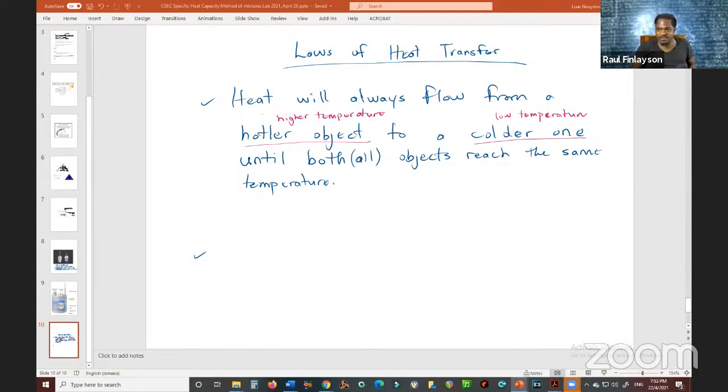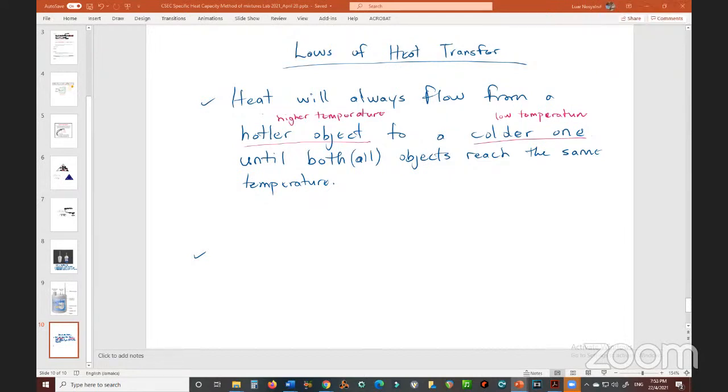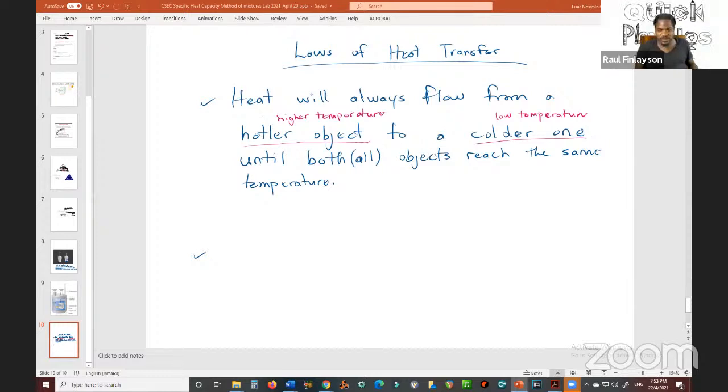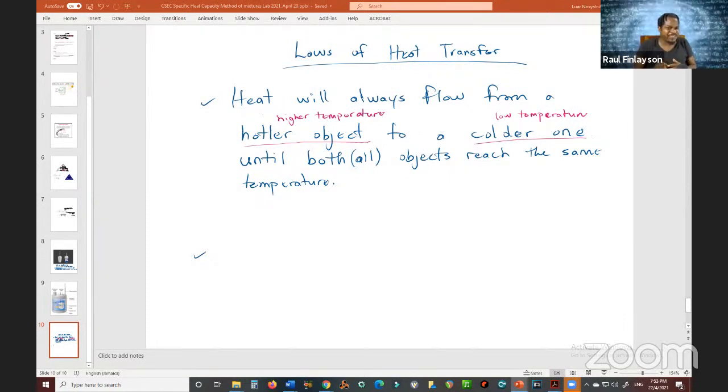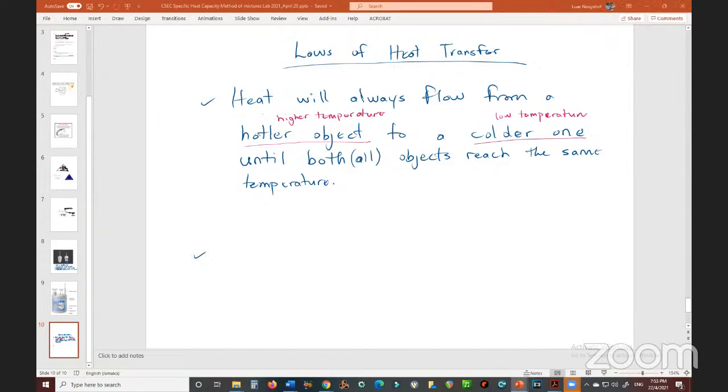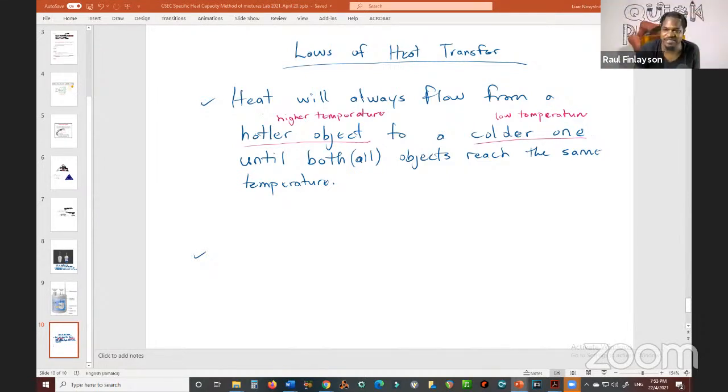You have anything hotter than the light bulb in the room now? We're not talking about the kitchen. We're talking about a bedroom or a living room.